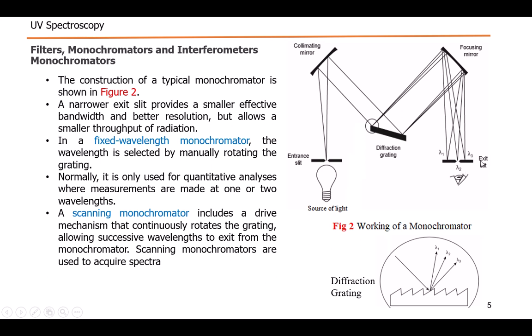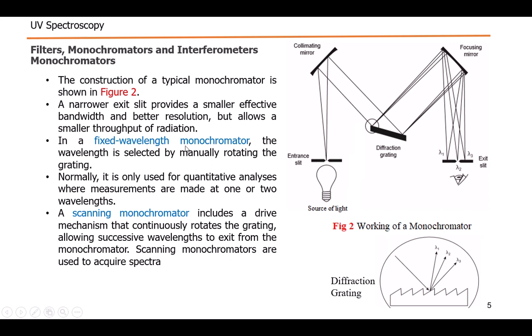So a desired wavelength is selected at the exit slit, and the wavelength obtained from the monochromator falls on the sample, and after the sample it is detected at the detector. A narrower exit slit provides a smaller effective bandwidth and better resolution. Here the bandwidth obtained is smaller, so the resolution will be better.